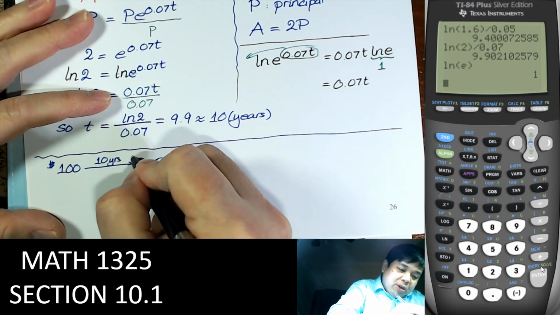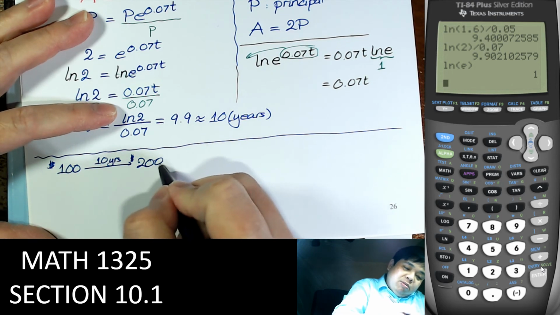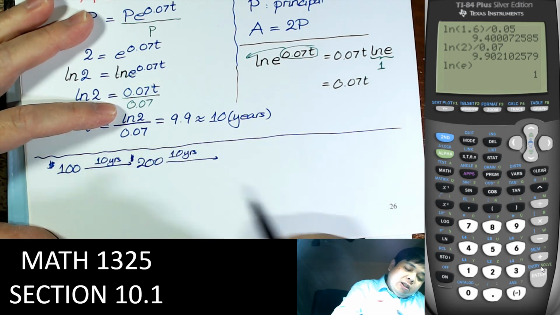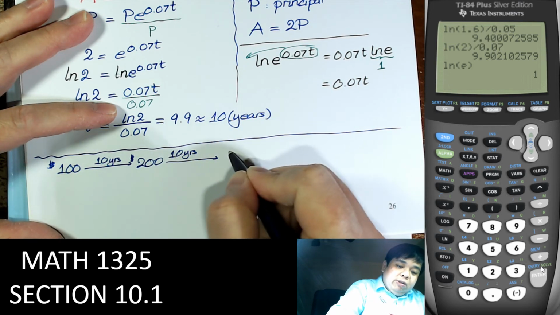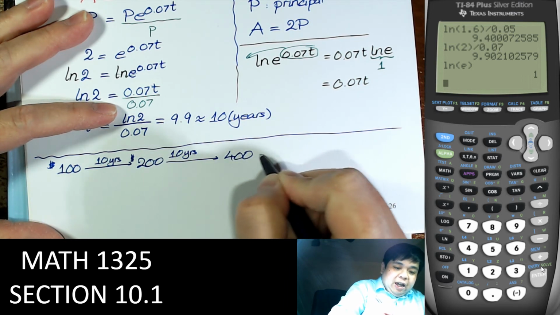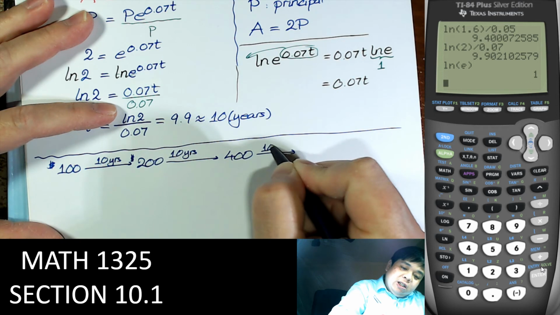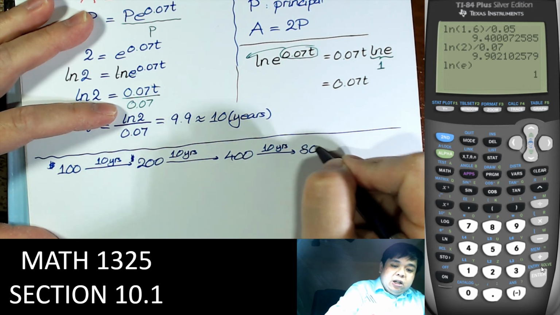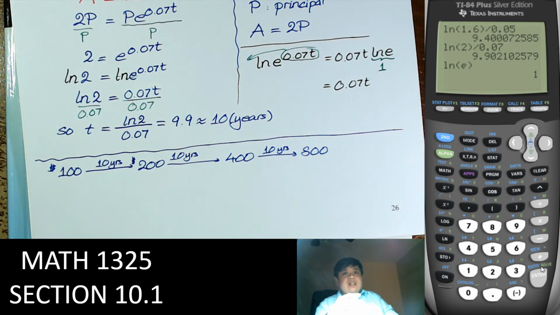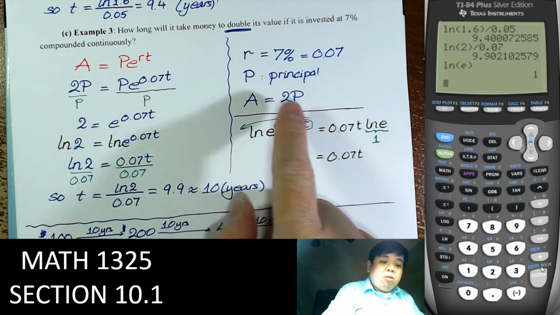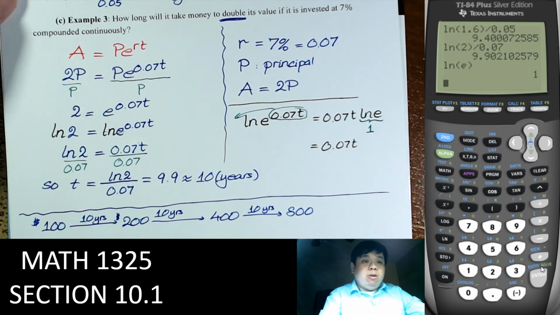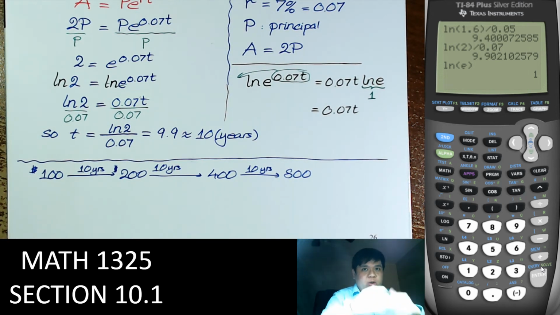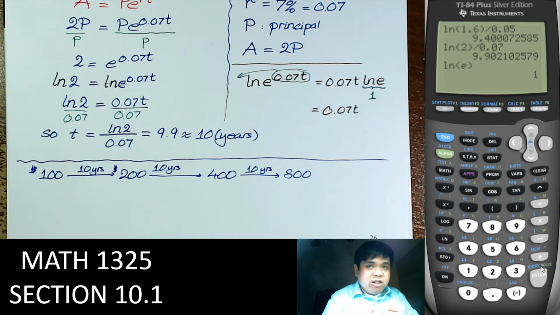That's 9.9, but let's say exactly 10 years. In another 10 years, that will be 400. And in another 10 years, that will be 800. So every 10 years it will double. So in this problem it doesn't matter what we have from the beginning, the principal. The more we have, it's going to be double that amount in 10 years.